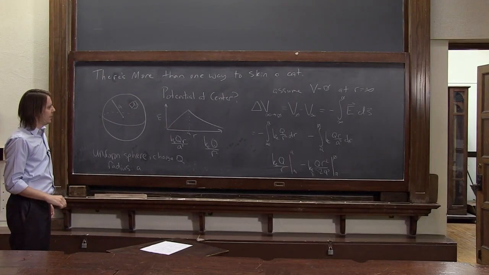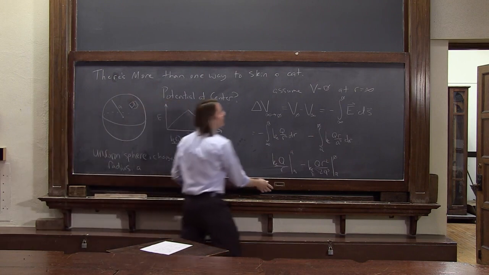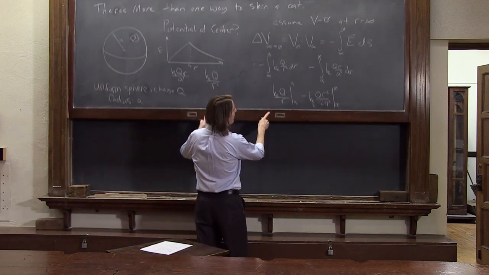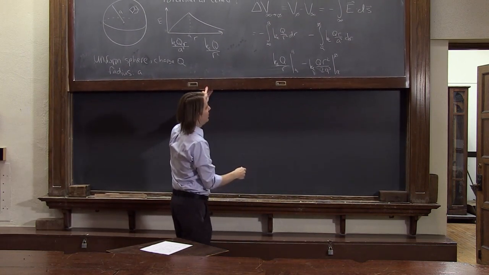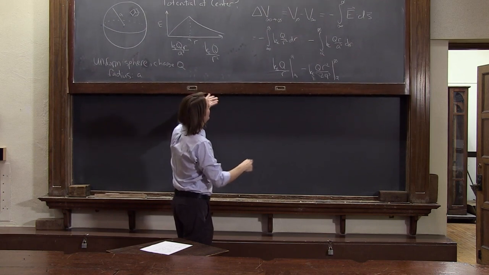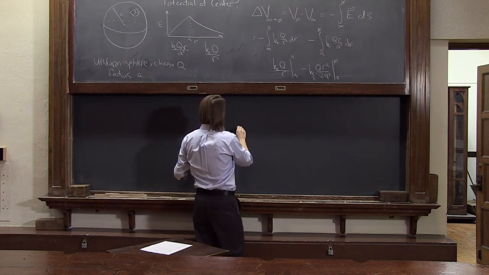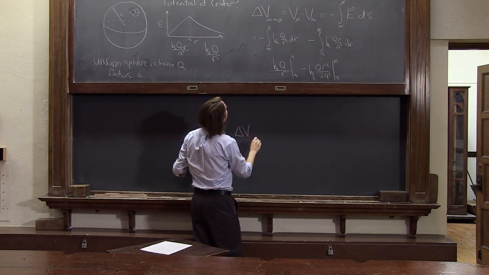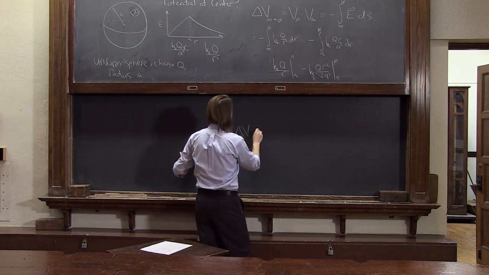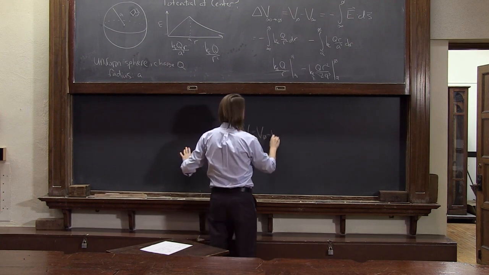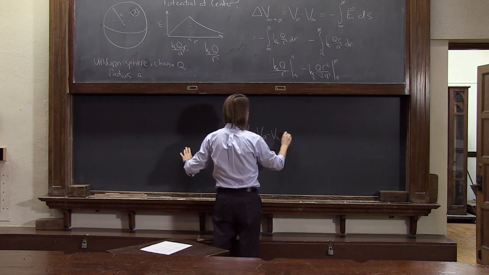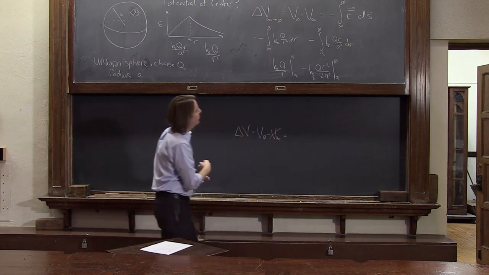All right. And now I've run out of board, so I'm going to pull this up. And we only need about one more line. So let me see. If we keep going, then we're going to get delta V, we decided it's V at the origin minus V at infinity, which is nothing, so it's really just the potential at the origin.